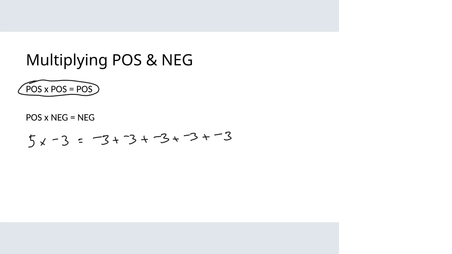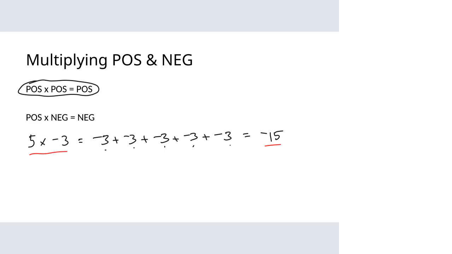You could use a number line, moving further and further to the left every time, and we end up at negative 15. Sure enough, positive times negative results in a negative.